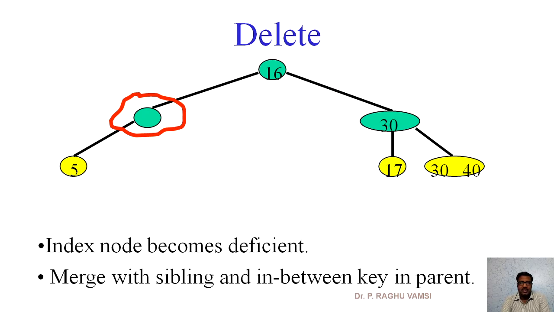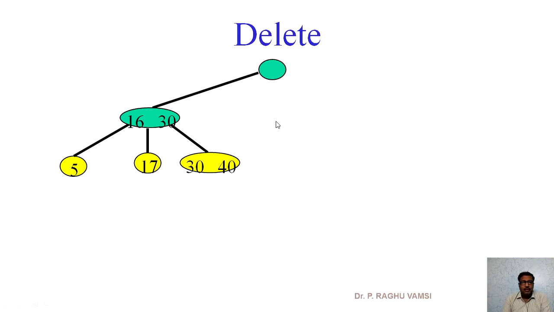So merge with things like, for example, 16, 30. So you merge with the 16, 30, and 5 will be at the left hand side of the 16, and 17 will be in between 16 and 30, and 30, 40 will be greater than 30. So whenever you merge like this, the root element doesn't have any key. So that is the reason you make this particular 16, 30 the root.